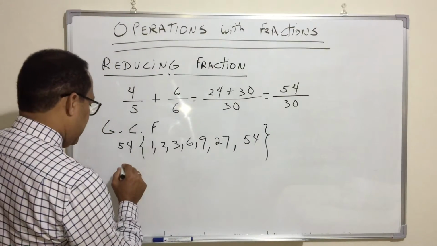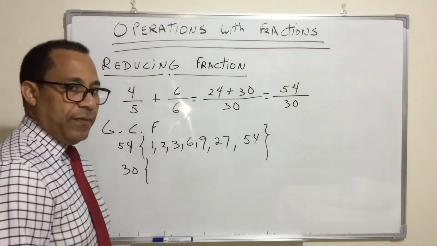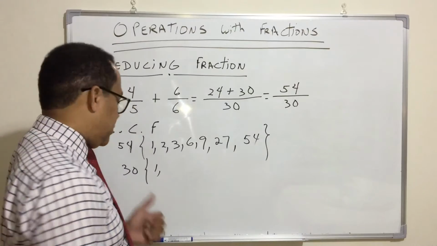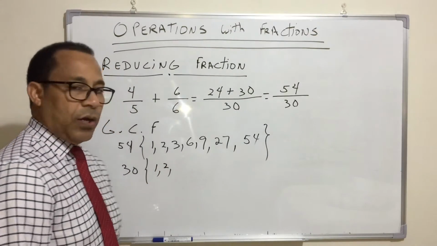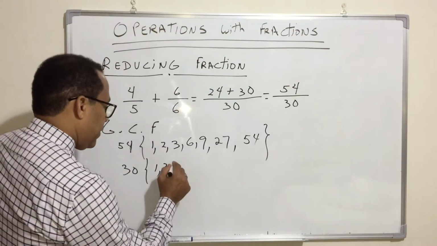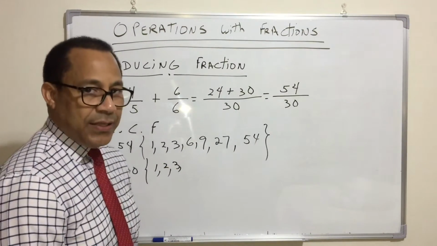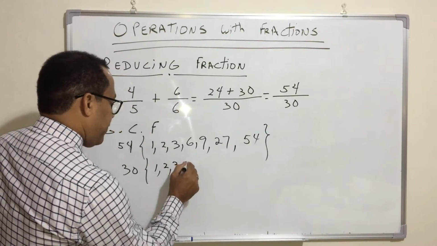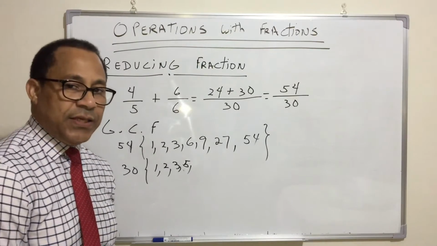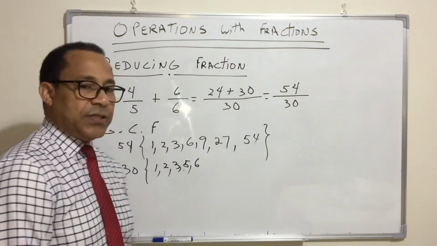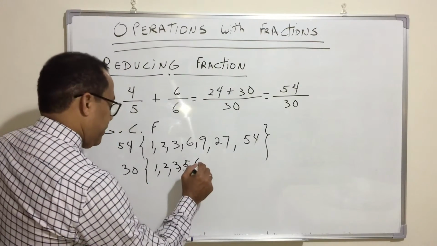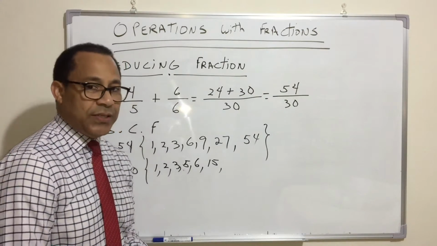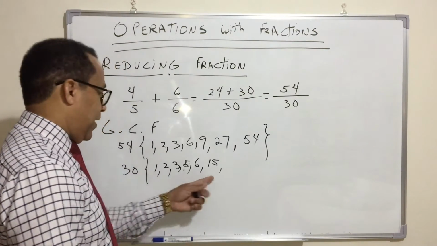Now let's find the factors of the number 30. Again, number 1, because 1 times 30 equals 30. 2, because 2 times 15 is 30. 3, because 3 times 10 is 30. 5, because 5 times 6 is 30. 6, because 6 times 5 is 30. 15, because 15 times 2 is 30. 15 is half of 30.